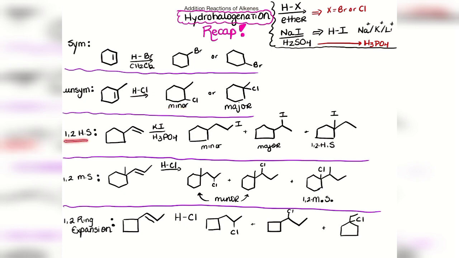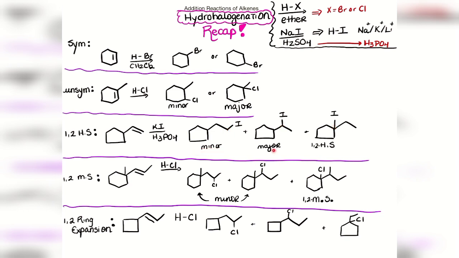When it comes to the 1,2 hydride shift, we stated that it's important to actually look at the neighboring carbons to the double bond. So once we pretend these two carbons weren't connected to a double bond, the first one here is primary, the second one is secondary, but this is where we need to train our eye to look one more over to see that that was tertiary with a hydrogen on that carbon, causing us to get three products: a minor adding on the end, a major adding at the secondary location, and then the other one.